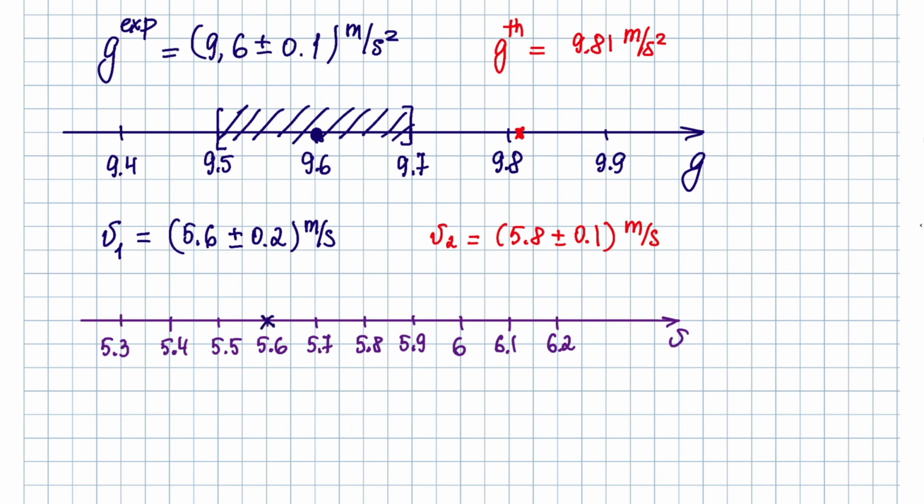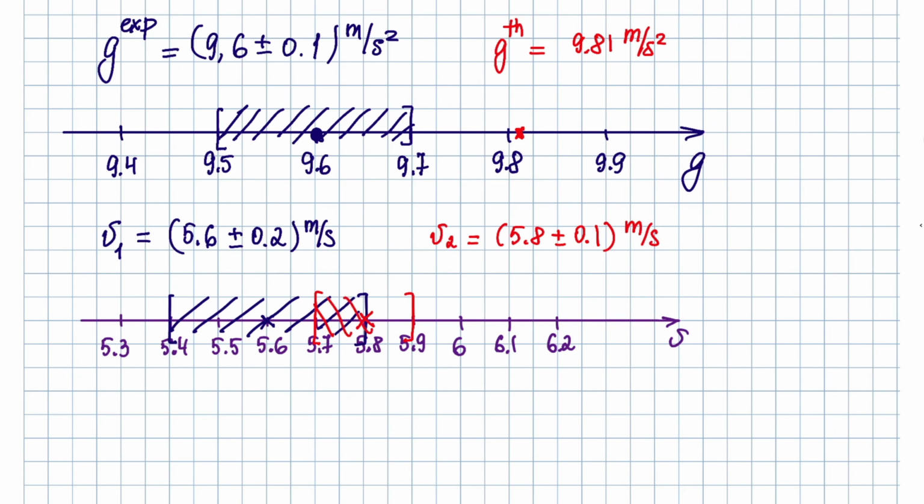So minus 0.2 is going to be 5.4, and plus 0.2 is 5.8. So it's this region. And the second value is 5.8, plus 0.1 is going to be at 5.9, and minus 0.1 is going to be at 5.7.